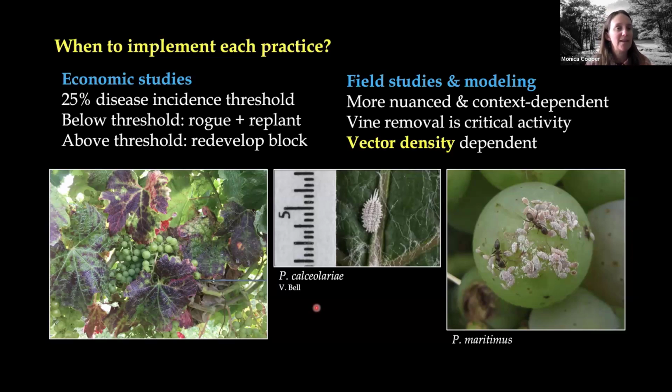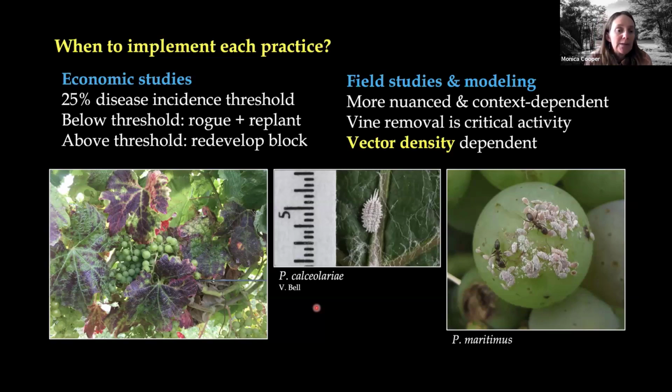Basically, they've set about a 25% disease incidence threshold. Below that threshold, the suggestion is that the most economical approach is to rogue and replant infected vines individually. And above that 25% threshold, the suggestion is that it's most economical to redevelop the entire block.